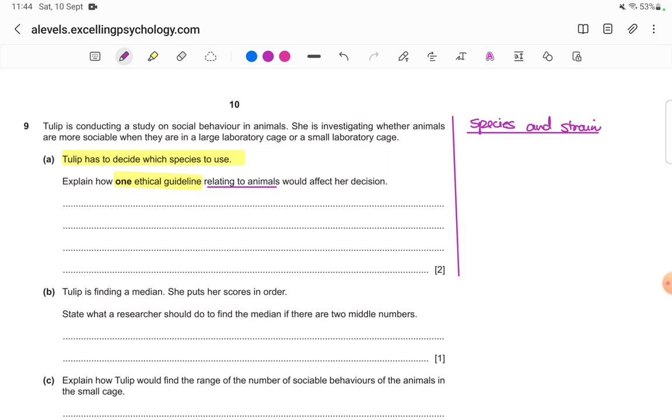Now, if we want to present this one as the answer, firstly we should explain, of course, what this guideline is about, then connect it to the study. What we mean by connecting to the study is that since they haven't suggested which species Yv is going to use, we should suggest some species which she can use. Keep in mind that this question is for 2 marks.